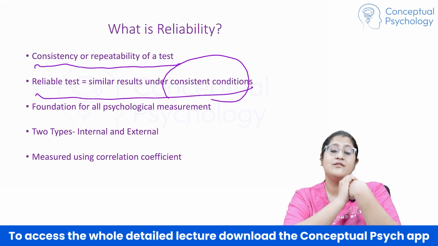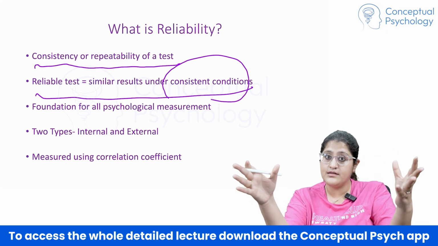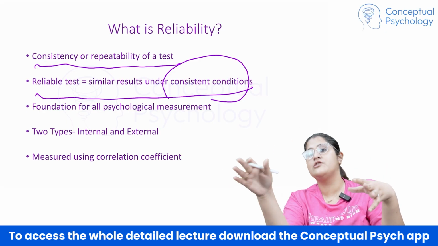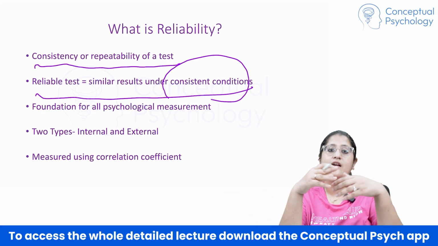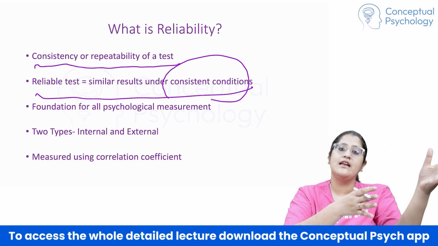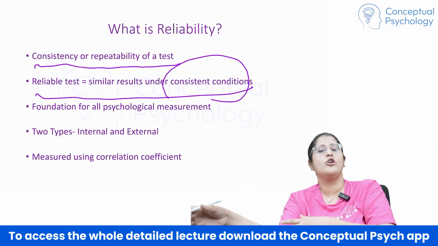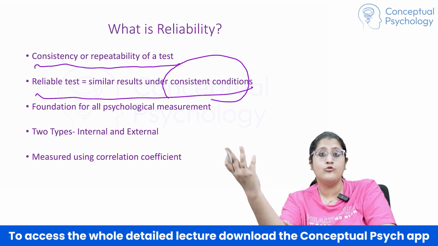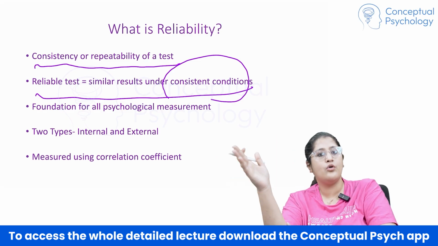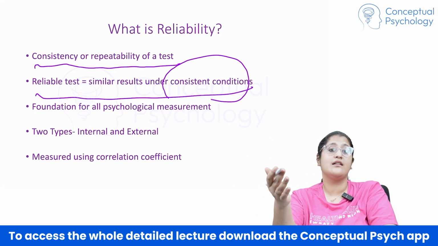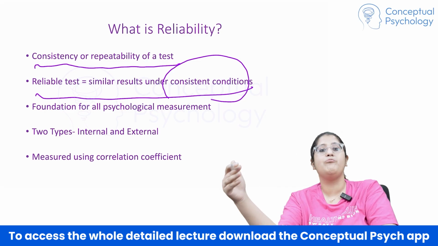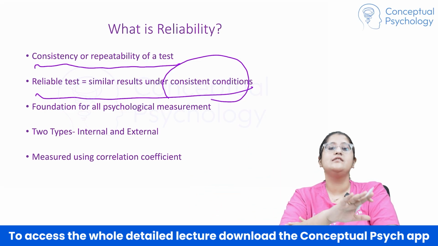That is, if the test is administered in a very quiet room to a population that is normally distributed in terms of intelligence, which means that some people are very intelligent, some are in the middle, some are not so intelligent, and in the conditions of test administration there are no loud noises, it's neither too hot nor too cold, and the instructions are clear, all of that are consistent conditions. If these conditions are replicated, then the test results should be similar.